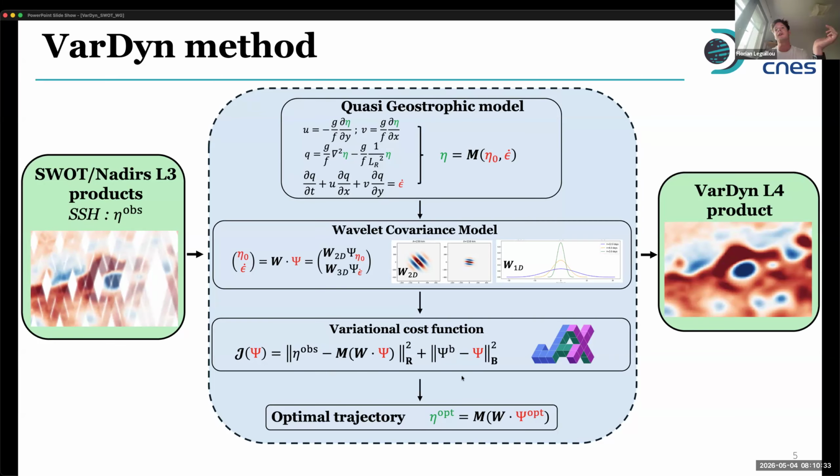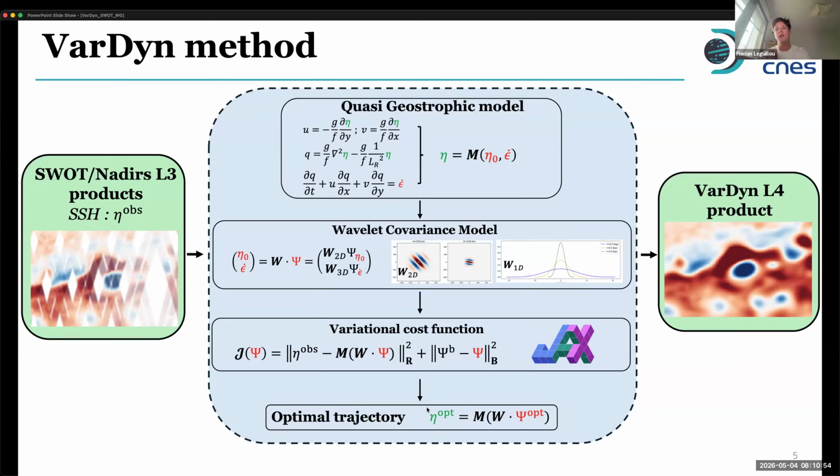So all the 4D-Var minimization is done in this reduced basis. And it has the advantage of having a diagonal background matrix because the components are built to be independent from each other.